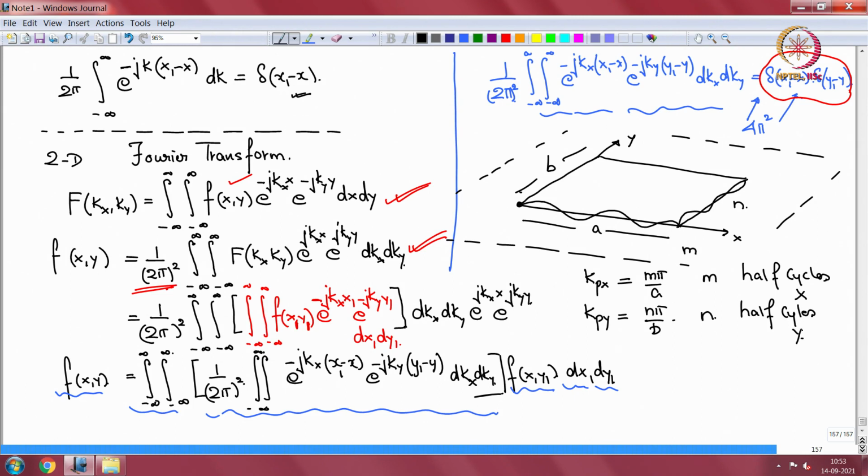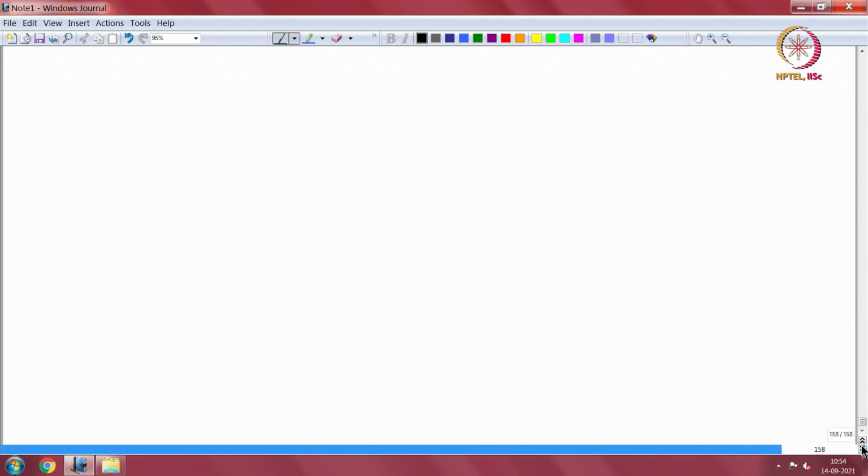And the plate for now is simply supported, so that the mode shapes are sine m pi x by a and sine n pi y by b.